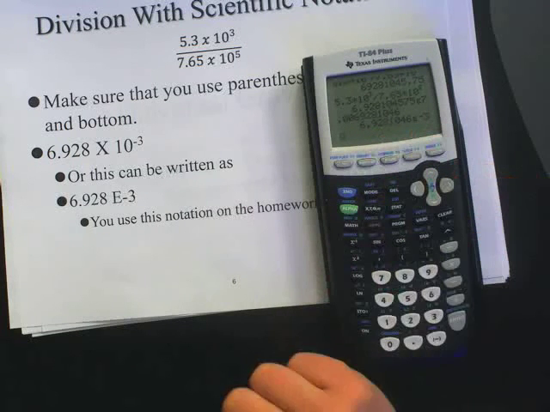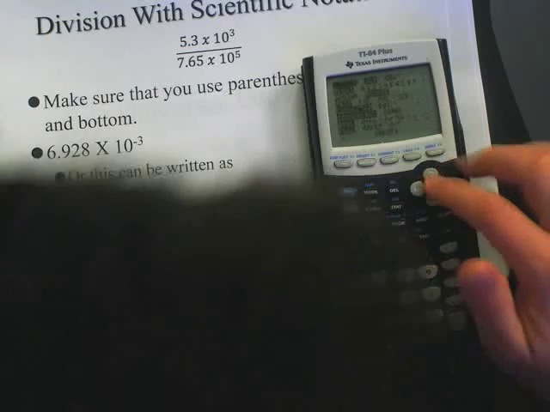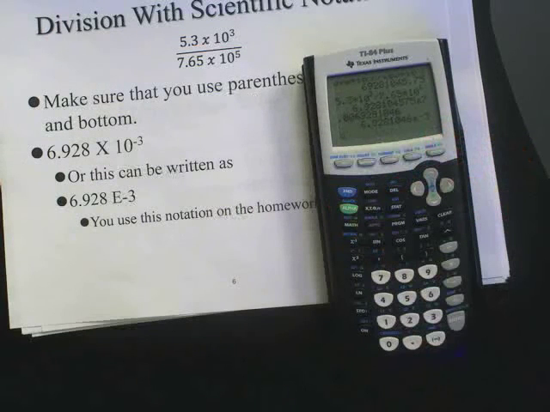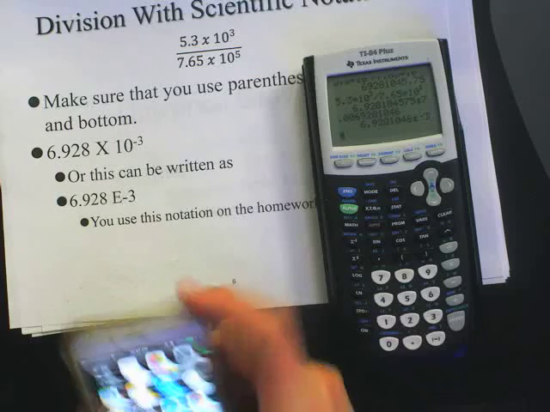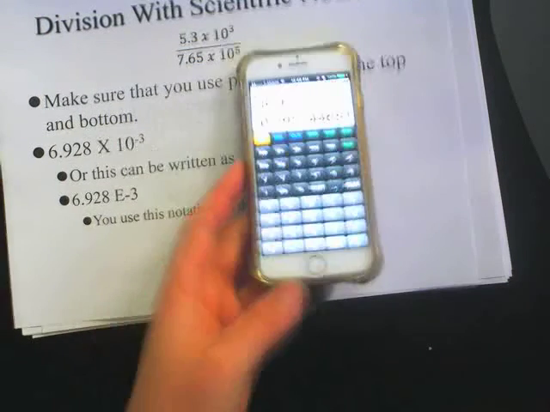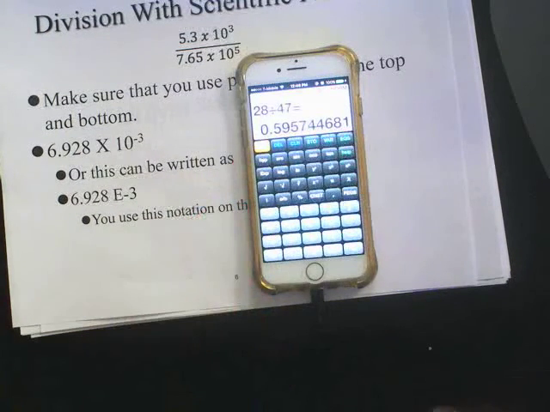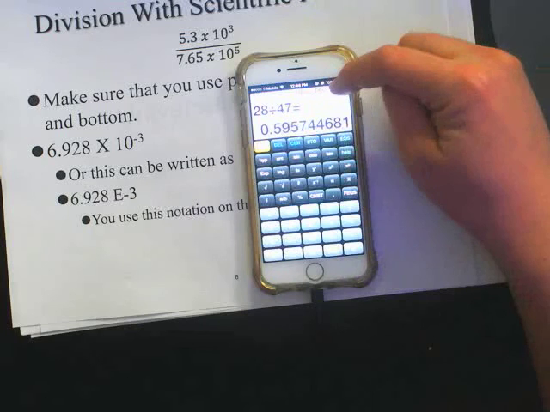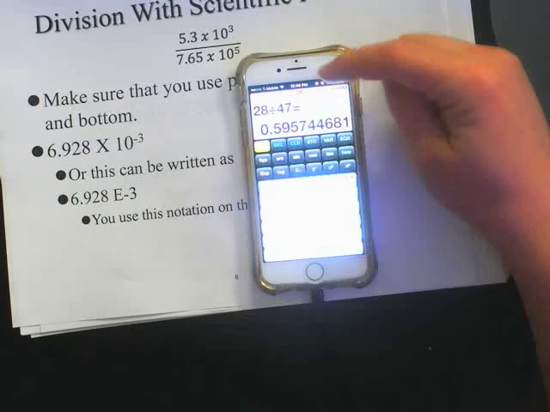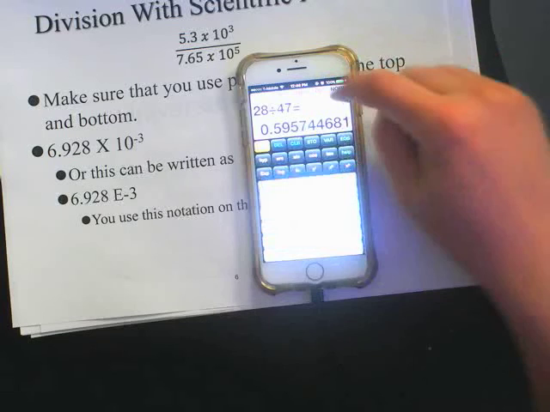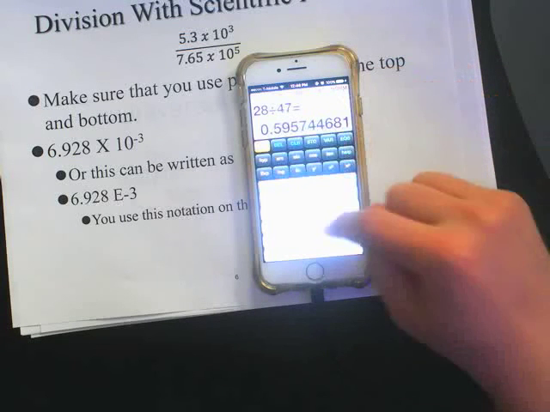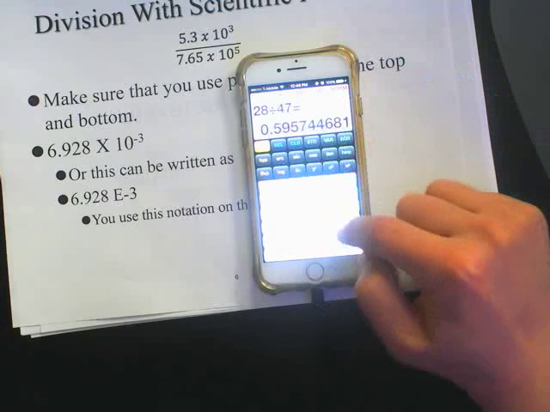If you're using the calculator on the phone that I showed you guys, this isn't even visible. If you go up here, instead of normal, you go to sci. Sci is going to ask you how many digits you want to do.